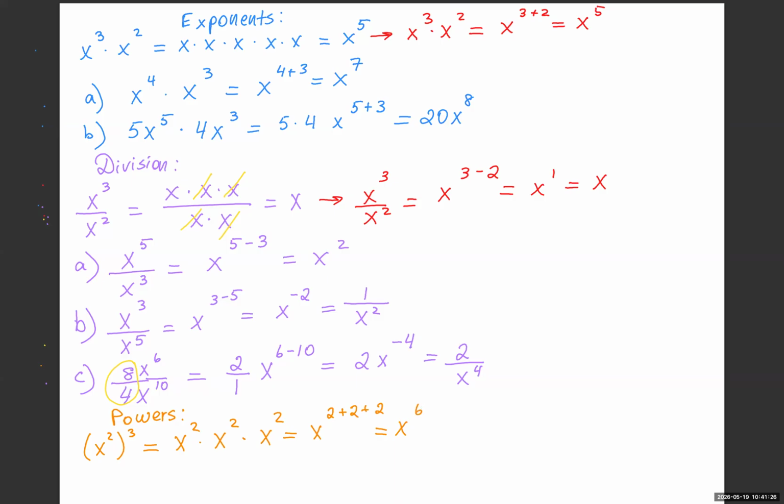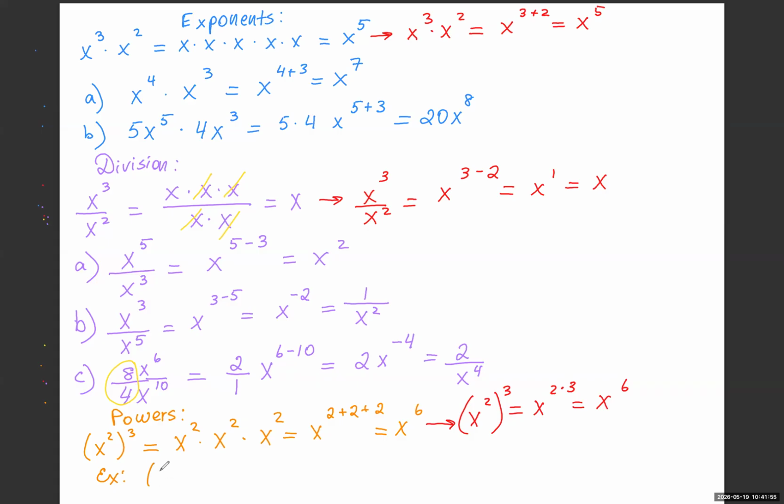And just like before, we have created a rule that we are following here. X squared and then cubed would be the same as x to the power 2 times 3. So x to the 6th power. One more example on this. Let's add a number in front.